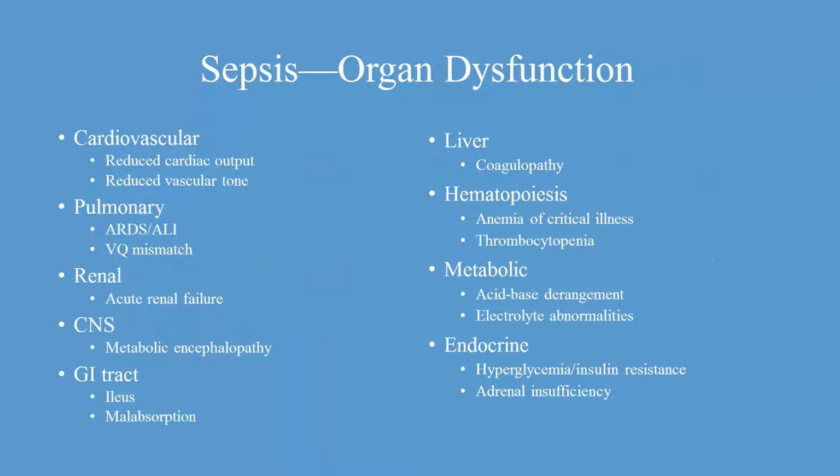There's some studies showing that in the hospitalized patient who becomes septic while they're in the hospital, the metabolic encephalopathy is typically the first organ dysfunction to present. And this is really tough because patients become encephalopathic in the hospital for any number of reasons. And that's why we have such a difficult time identifying and effectively treating sepsis in the patient who's already in the hospital for some other reason.